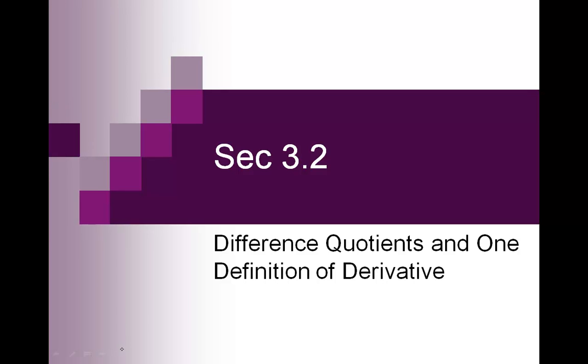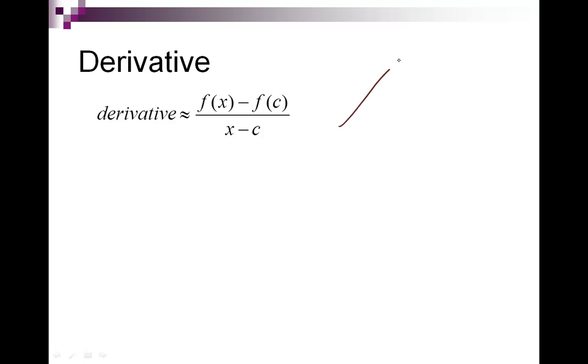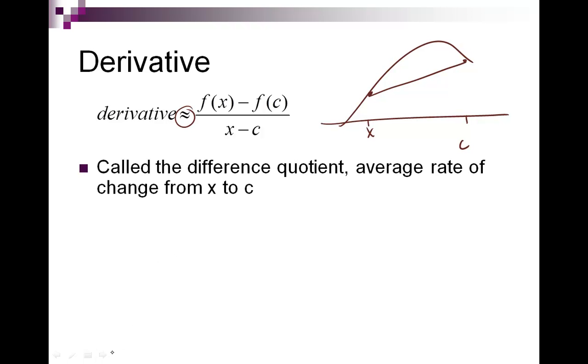Section 3.2, and we're getting into some more specific work with derivatives in this section. Up till now we've looked at the derivative as being the approximate value between 2 points, and we're going to call them x and c here, where we do something like this, and there's my x value, there's c, and I take the slope, or the approximate value, also called the difference quotient or the average rate of change from x to c.